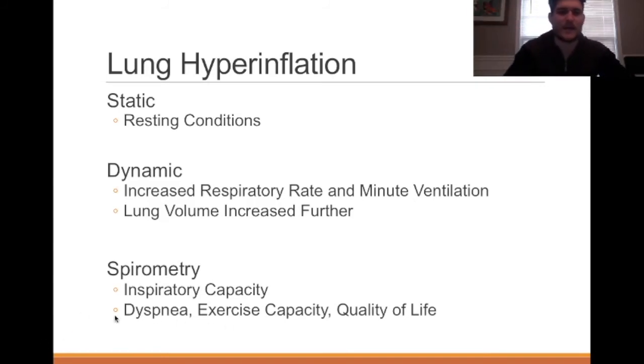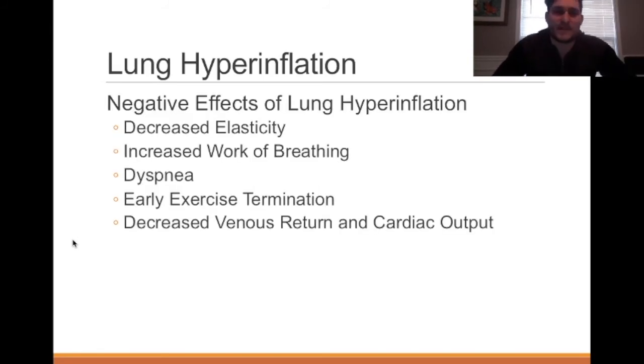But this is how we're able to determine how someone is doing or how someone is progressing with COPD. And then we could also look at things like difficulty breathing, their exercise capacity, and quality of life, to see how they are progressing.